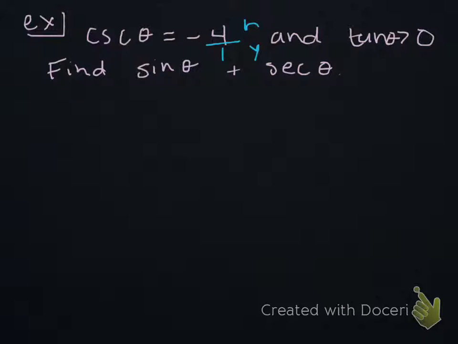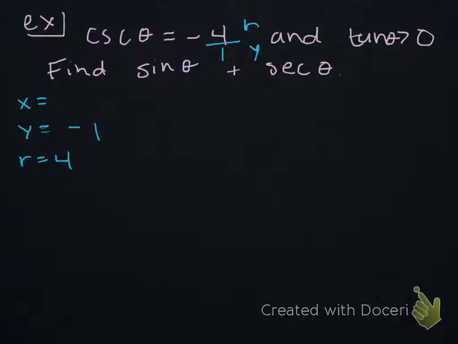So a radius can never be negative. So in terms of information that we know, I know r has to be +4. Because again, it's a radius, which means that 1 has to be negative.